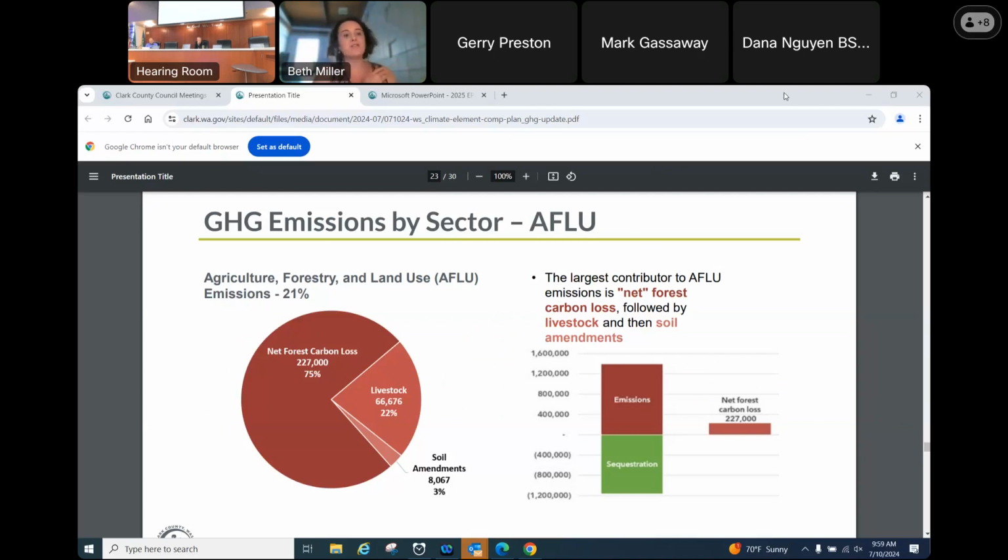Over the past 20 years, per year, there's been a net loss on average of about 227,000 metric tons CO2e. The next biggest section is livestock, which is mostly cows and animal waste. And then there's soil amendment, which is nitrogen fertilizer, which has its own GHG emissions from nitrous oxide.